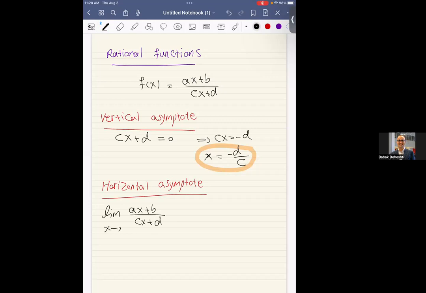In order to find this value, you factor out x from the top and the bottom, so you get x times a plus b over x divided by x times c plus d over x.